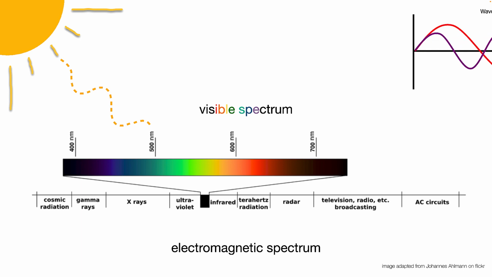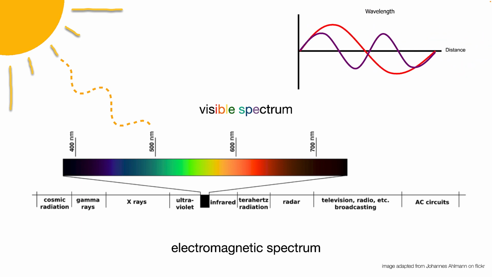Indeed, light within the visible spectrum with a longer wavelength might appear more red to us, while light with a shorter wavelength within the visible spectrum might appear more purple. That's all color is, our visual system's translation of the wavelength of light. Pretty cool.